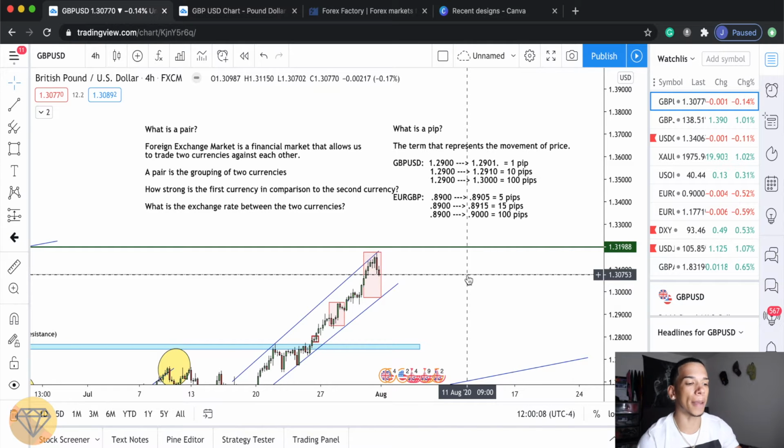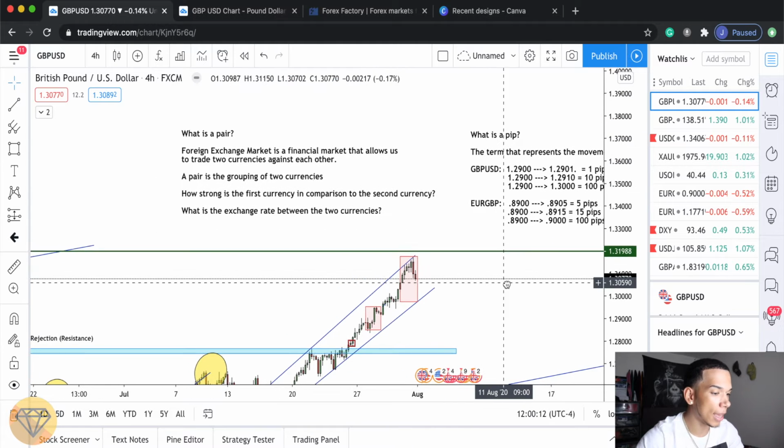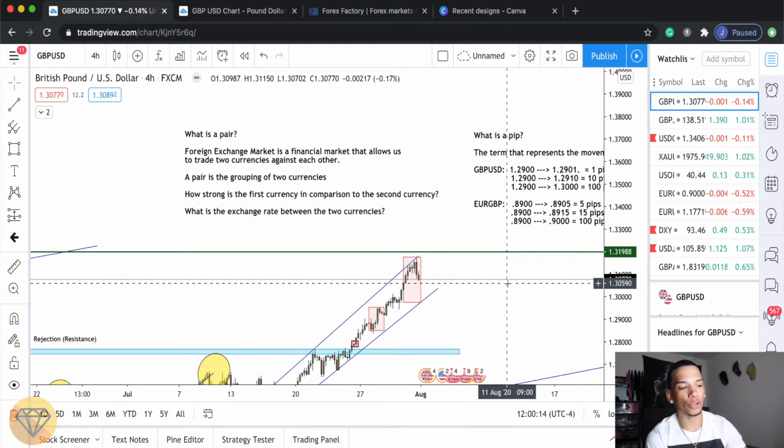So when we're looking at a pair, the two questions we want to ask ourselves, let me move this out of the way, is essentially how strong is the first currency in comparison to the second currency, as well as what is the exchange rate between the two currencies, right? So if we look at the first question, how strong is the first currency in comparison to the second currency? What does that mean?